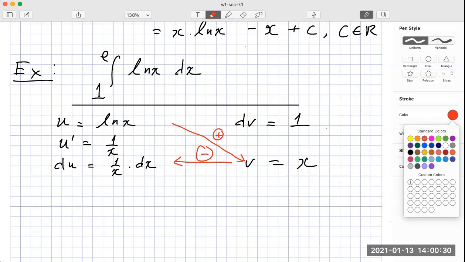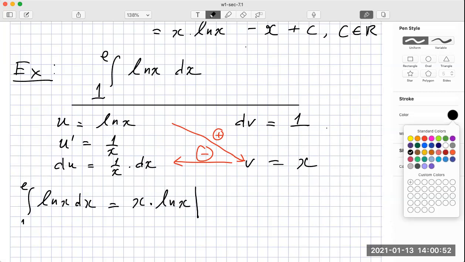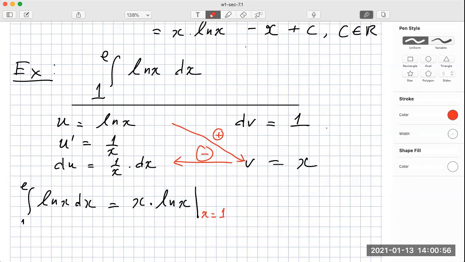Therefore, integral from 1 to e natural log x dx will be uv, which is x natural log x here, from this interval, right? Remember, just write it here clearly, from x is equal to 1 to x is equal to e.